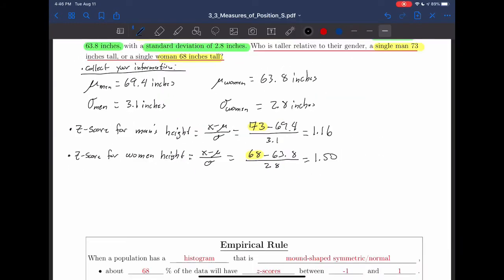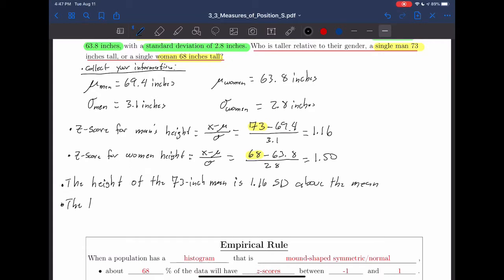So in words, we could write that the height of the 73-inch man is 1.16 standard deviations above the mean, while the height of the 68-inch woman is 1.5 standard deviations above the mean.